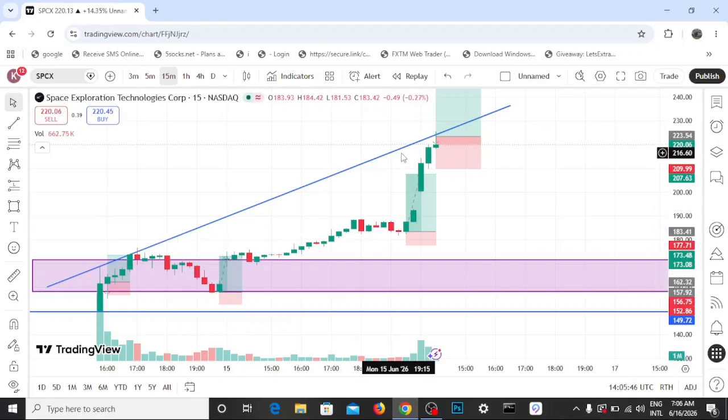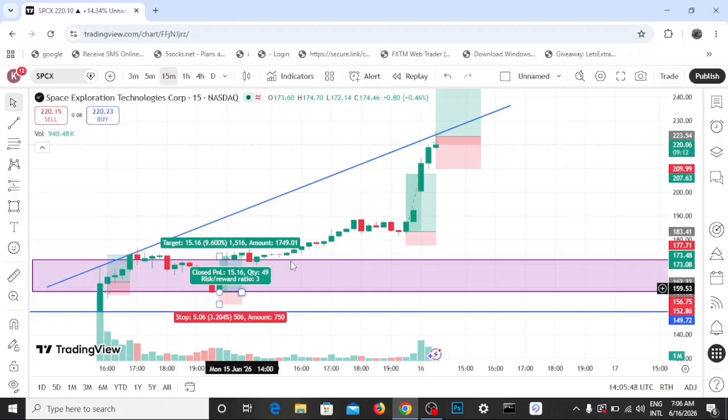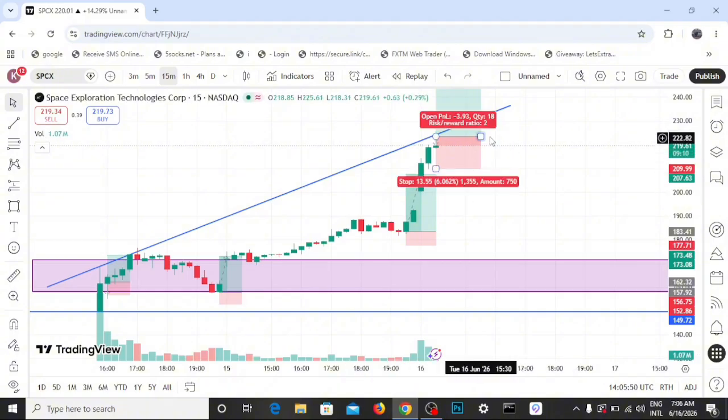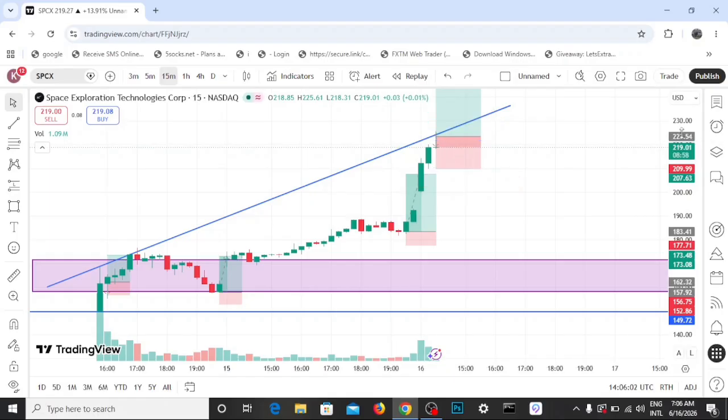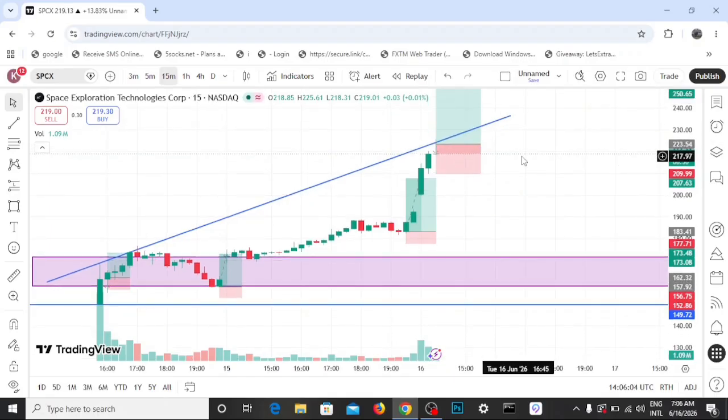Okay, so these are entry points currently. Now, you can see the current movement. There's strong rejection. It seems to be a rejection. It's rejecting.